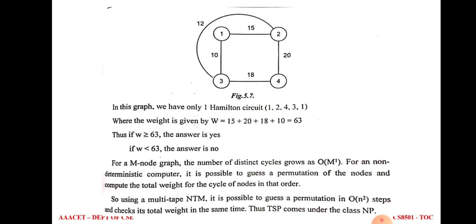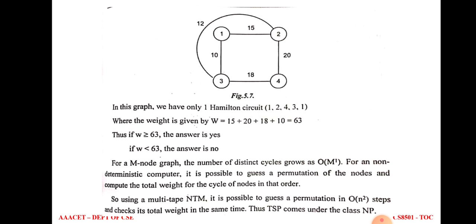We start from the first vertex, 1. It goes from 1 to 2, then 2 to 4, then 4 to 3, then 3 to 1, right? There are 4 nodes and all of them are visited once, which means it forms a cycle, 1 2 4 3 1.